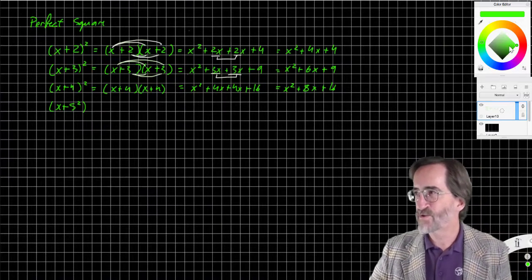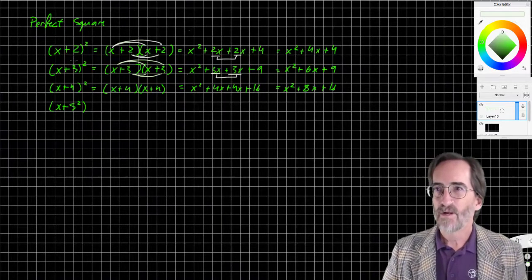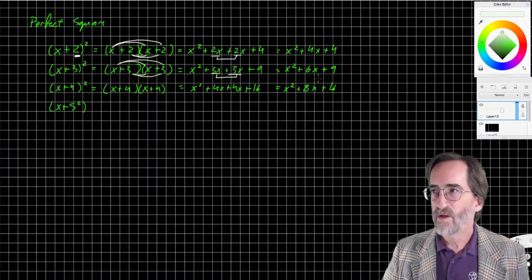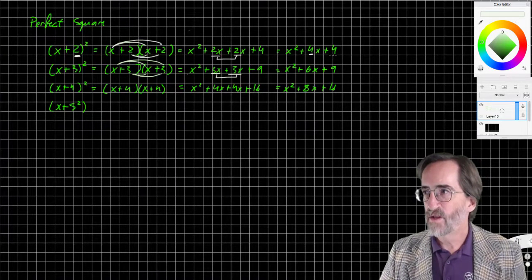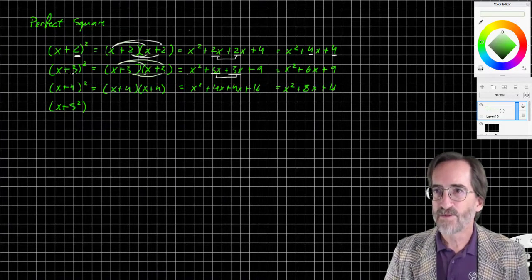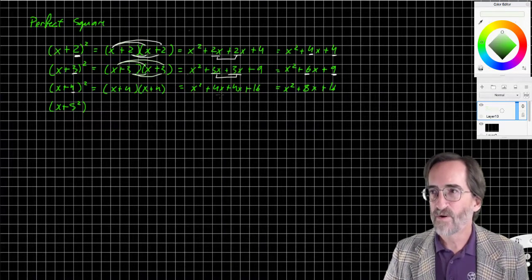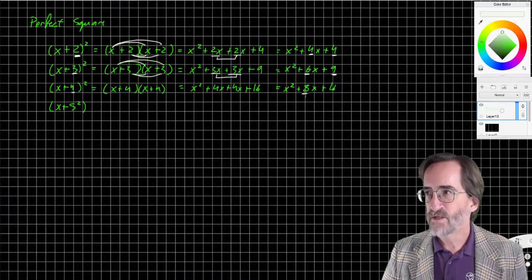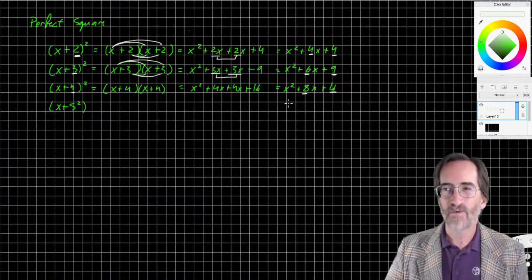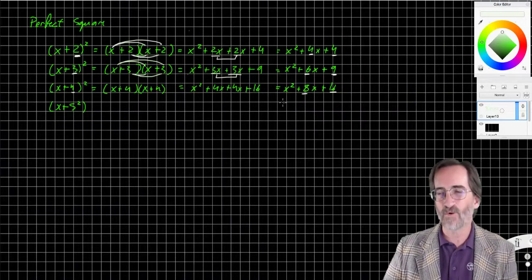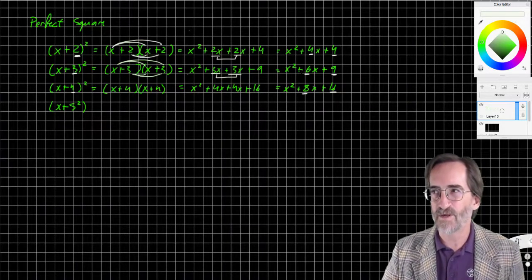Now I want you to notice what's going on here. Notice the 2, and notice the 4 and the 4. Notice the 3, and notice the 6 and the 9. Notice the 4, notice the 8 and the 16. I want you to see if you can figure out a pattern. Go ahead and pause it and see if you can figure out what's going on.